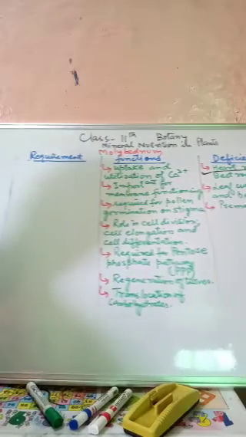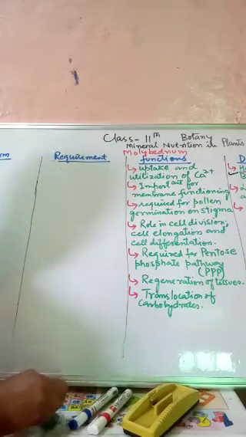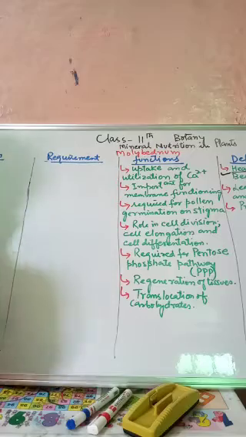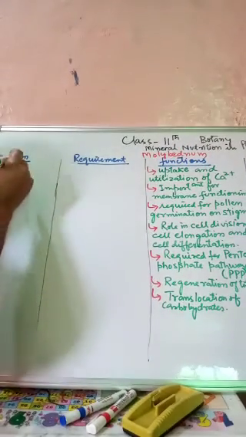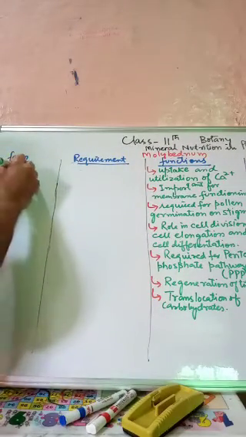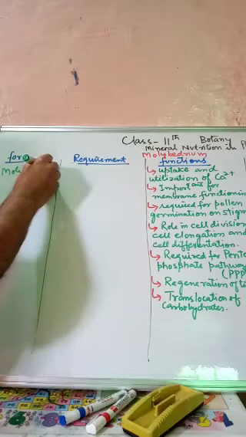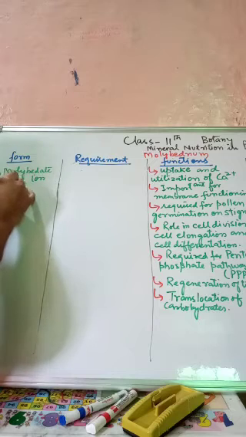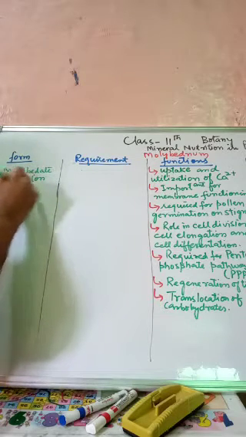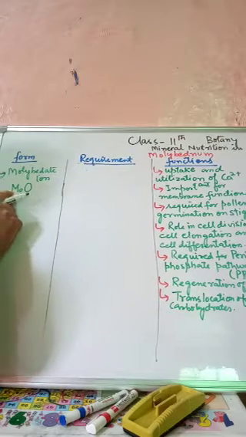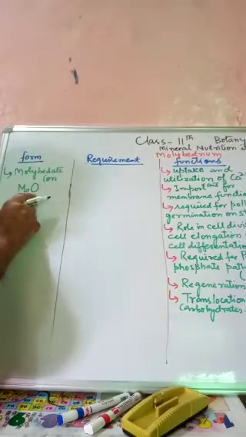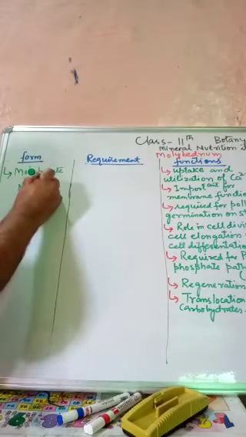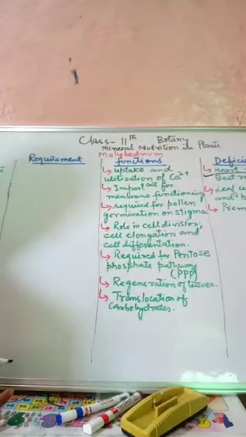Now in which form is this molybdenum going to be absorbed? It is absorbed in the form of the molybdenate ion. Molybdenate ion, its symbol is Mo, and this is the oxygen O. Molybdenate ion 2 positive. It's a divalent.